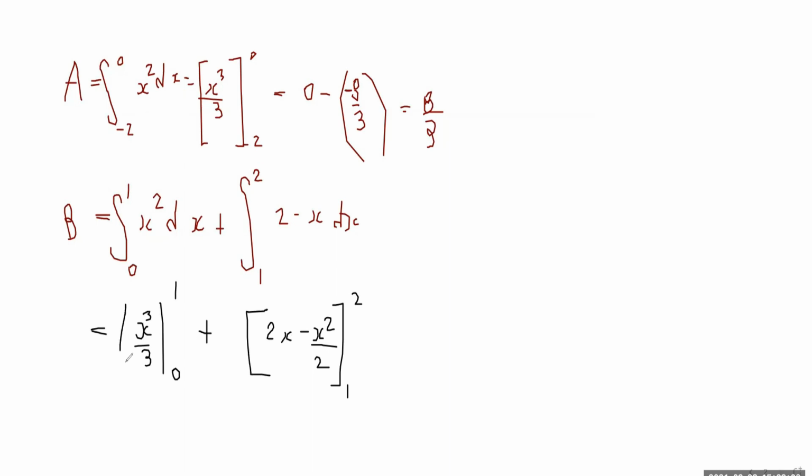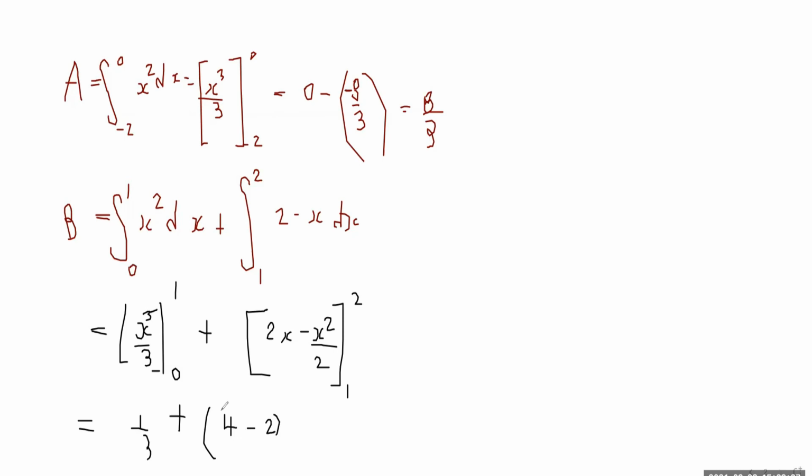Plugging in the limits, plugging in the 1 here, we get 1 over 3. When you plug in 0, you just get 0. So that's 1 over 3 plus, plugging in 2: 2 times 2 is 4, minus 2 squared over 2, which is minus 2.